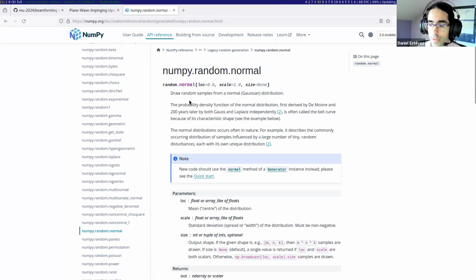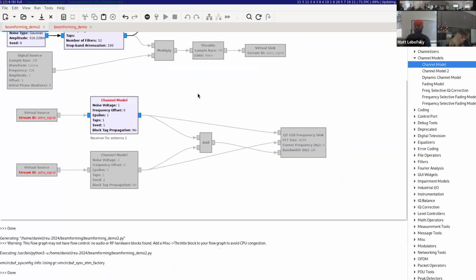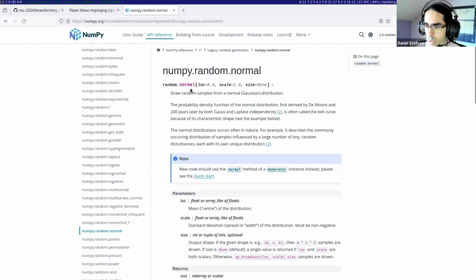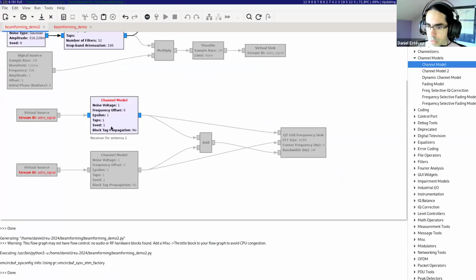So that's what's happening, but it's not NumPy, it's C++. Okay, that makes sense. And yes, the normal call is called for every output sample. So every sample you need to generate for the noise, you basically draw another value from your random normal distribution.